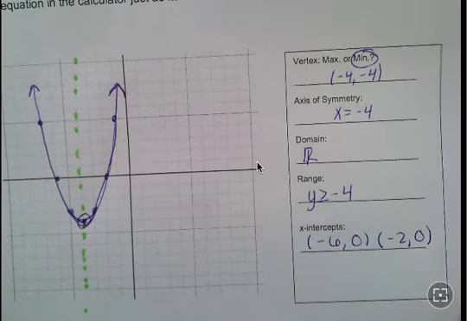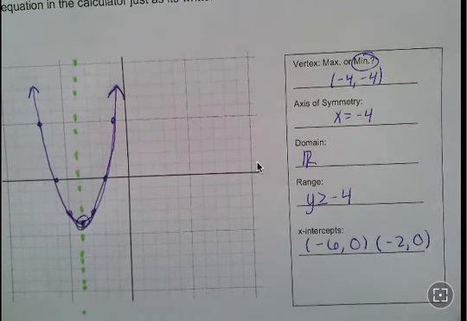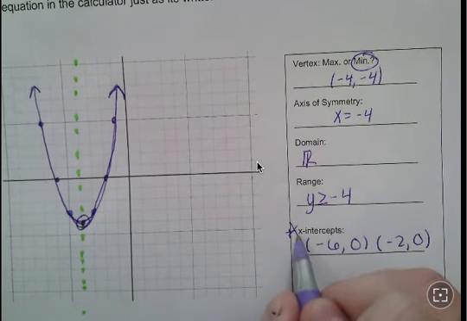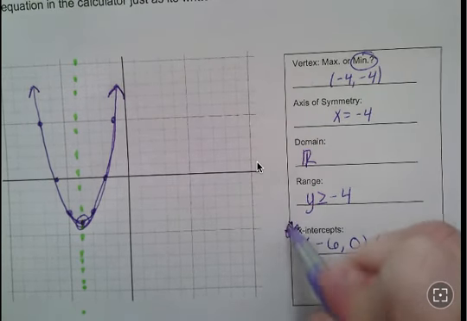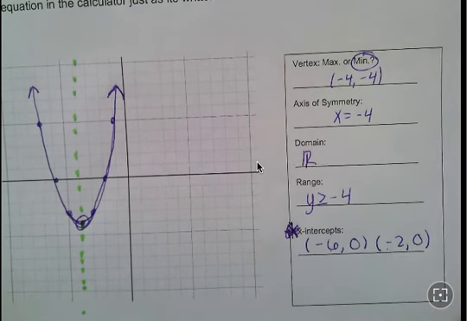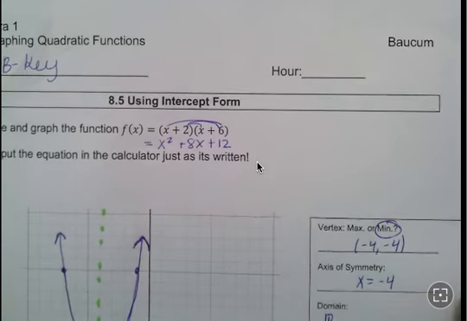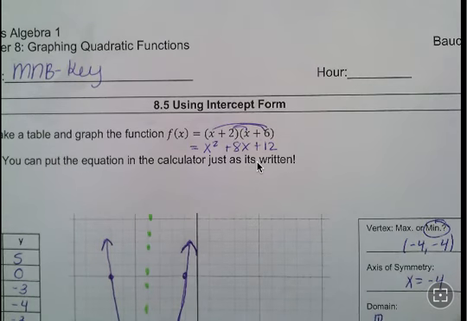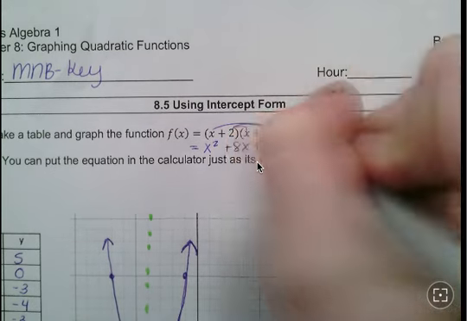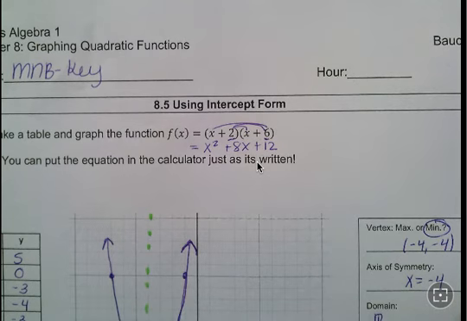I'm going to pause here. We're going to talk about increasing and decreasing as well, but I want to pause here. This is why we call it intercept form. Notice that the x-intercepts here are -6 and -2. And if you go back up to this equation, you notice that 6 and 2 appear in the equation. Kind of like how we talked about with transformations, when a number is paired with x, it's a bit counterintuitive.